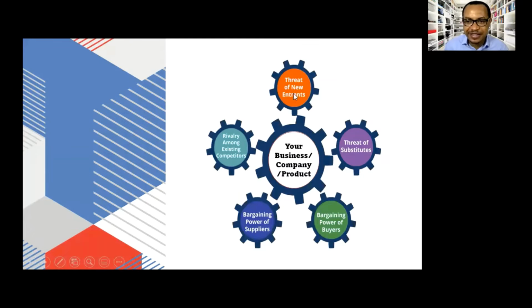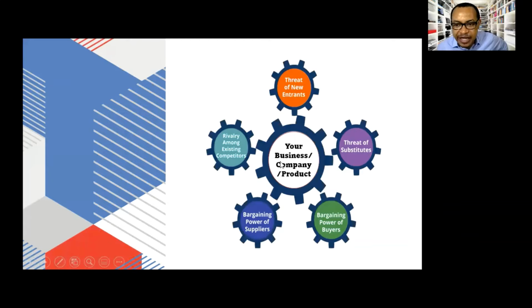Therefore, let us now look at each of these 5 forces in more detail for us to understand some of the factors or some of the issues that you need to consider when it comes to each of these 5 forces. So the diagram here is representing your company and those forces surrounding your business from your business environment.